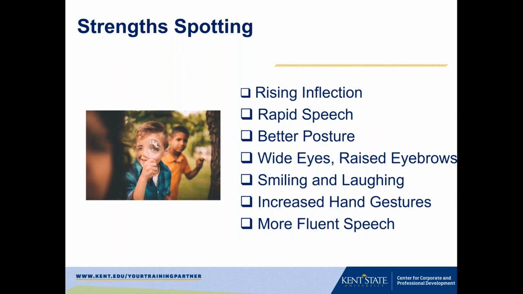So the first thing that you have to be aware of when you're trying to determine whether it's a strength of somebody's is, how do we spot that? Typically when someone's performing something that falls in their strength zone, some of these behaviors you might see: a rising inflection in their voice, rapid speech, maybe better, more confident posture, wide eyes or raised eyebrows when they're talking or explaining it, smiling, laughing, maybe an increased use of hand gestures, and more fluent speech because they're competent in it, so they can more easily talk about it.